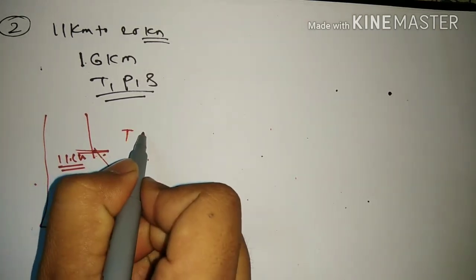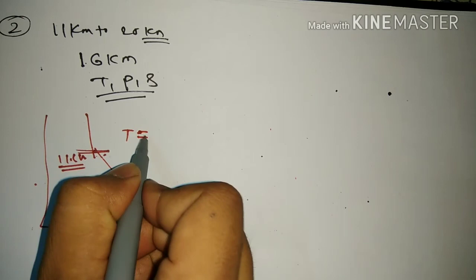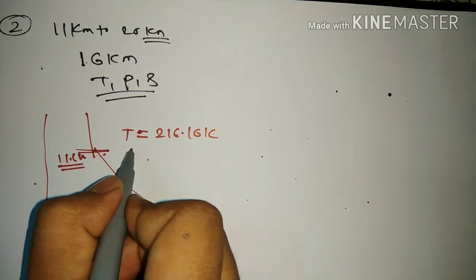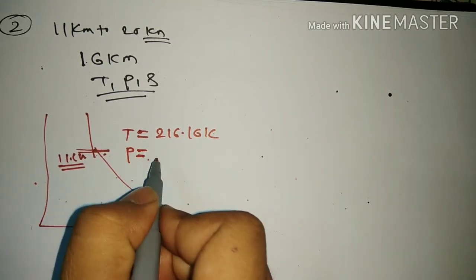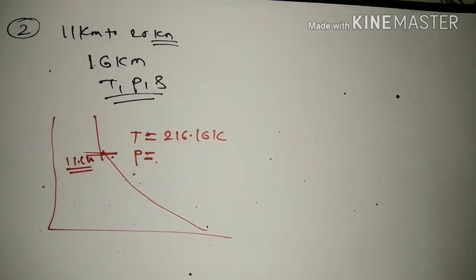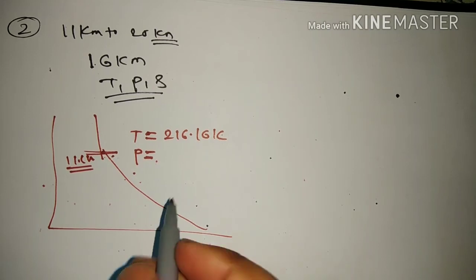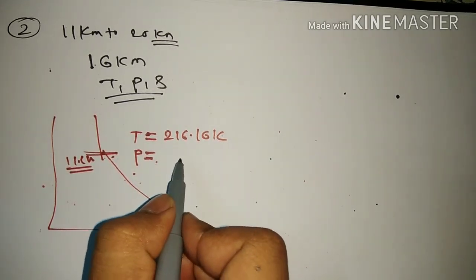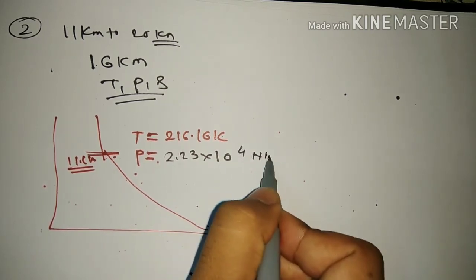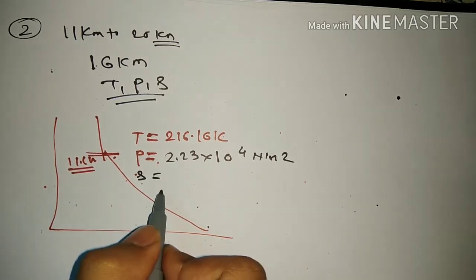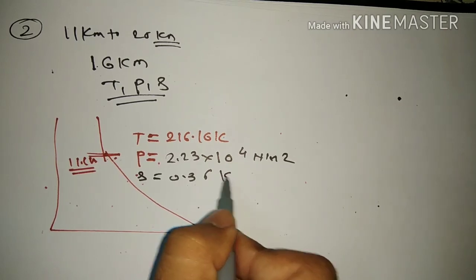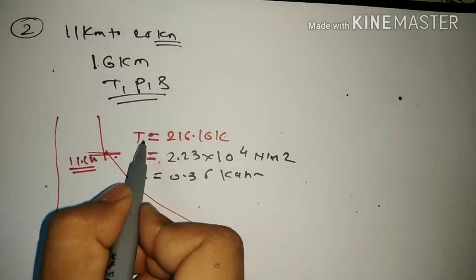The temperature at 11 kilometer is 216.16 Kelvin. The pressure is 2.23 into 10 raised to 4 Newton per meter square, and the density is 0.36 kg per meter cube. These are the reference values.